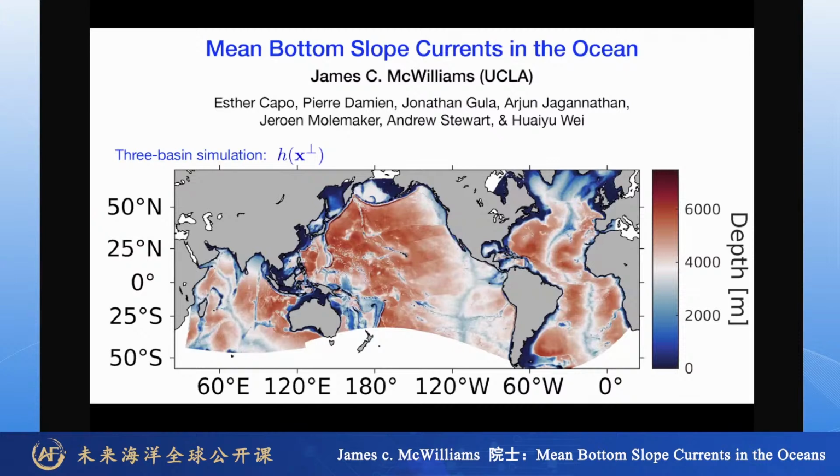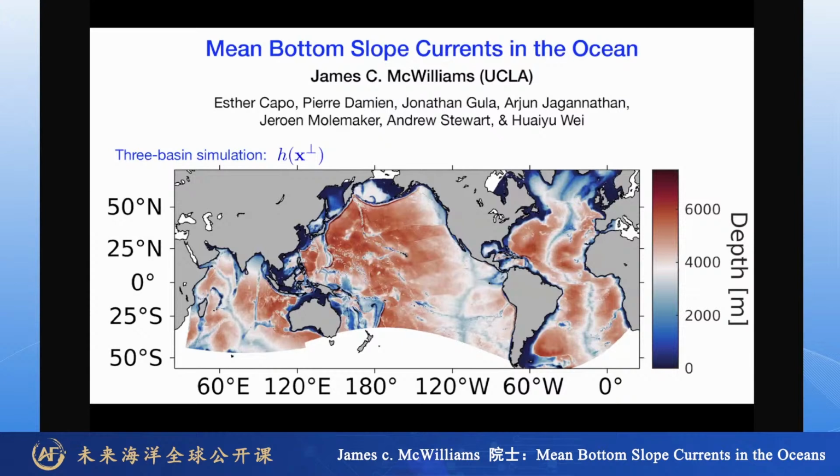This talk is both an overview of a particular dynamical phenomenon called topostrophy, which I will define, and an analysis of the time mean bottom currents over much of the world's ocean in three separate basins, the Atlantic, the Pacific, and the Indian, as you see here with the bottom topography.